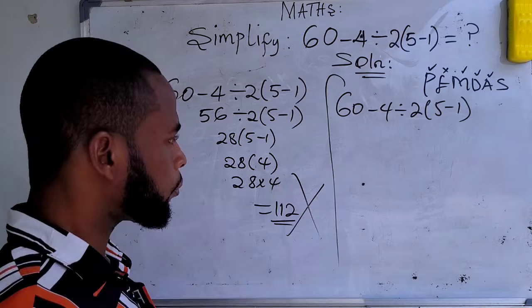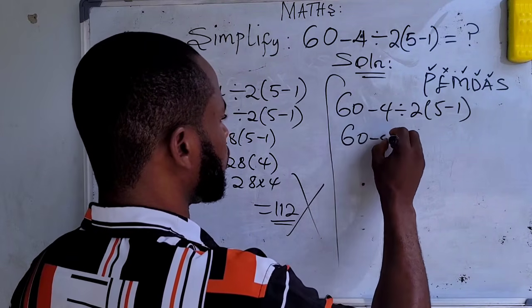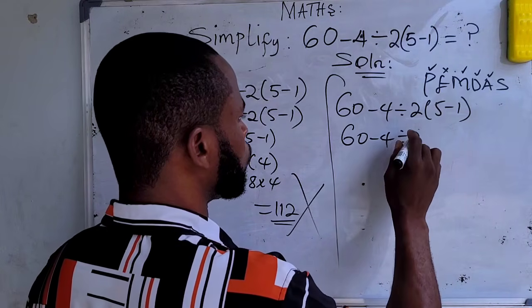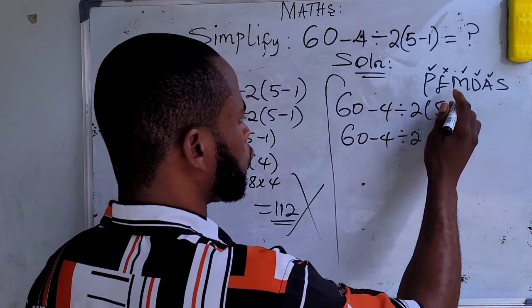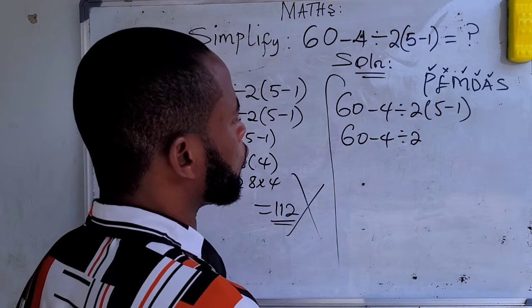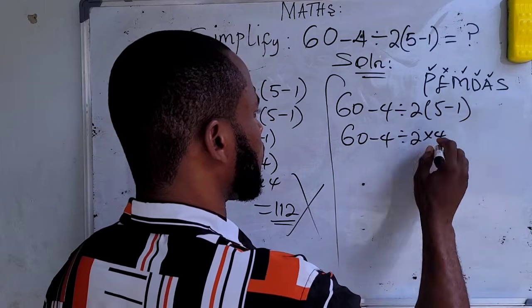Now, in this case, we have here 60 minus 4 divided by 2 into 5 minus 1. First, we treat the brackets. 5 minus 1, that gives us 4. Multiplication, we multiply this by 4.